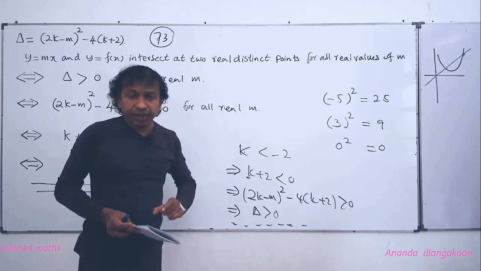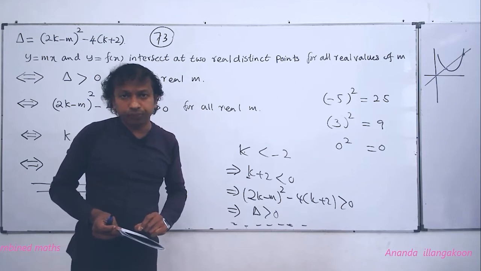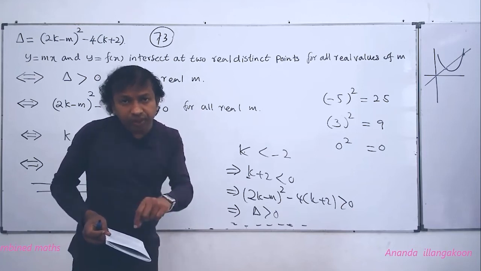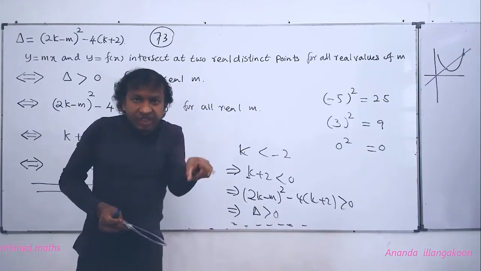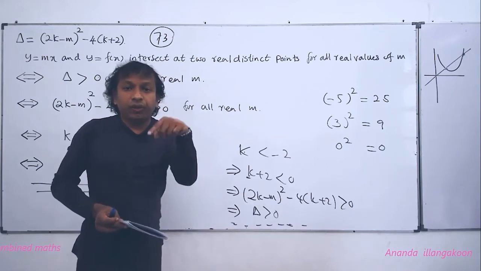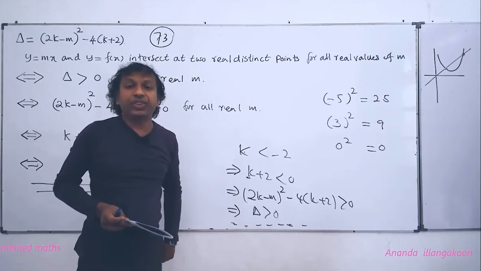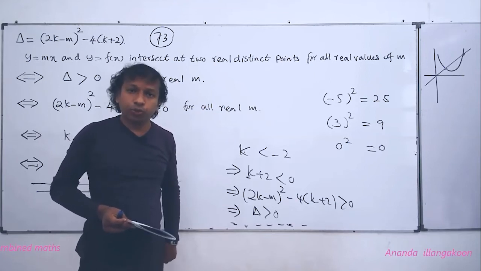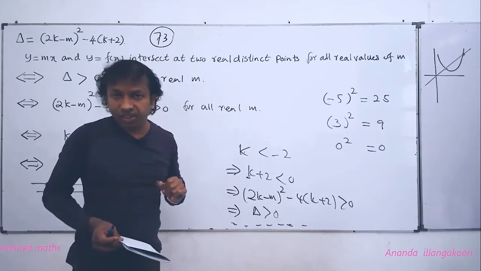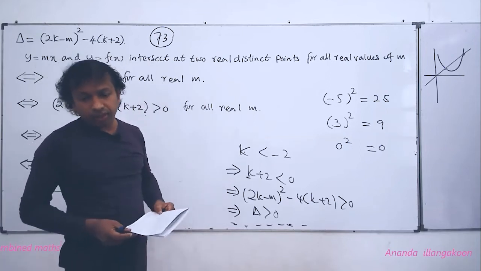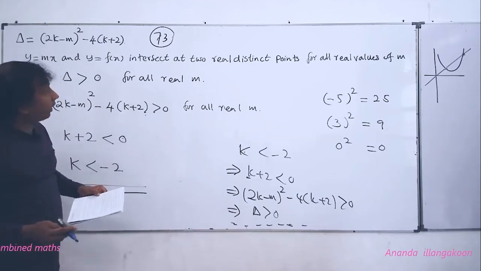Understand? Deduce means prove. To prove something given, you must use the previous result. Definitely using the previous result only, you have to prove the next one. That is the meaning of deduce. Deduce means prove. Only thing is, for that proof, you have to use the previous result in the same question. Okay, right. Now take 73.